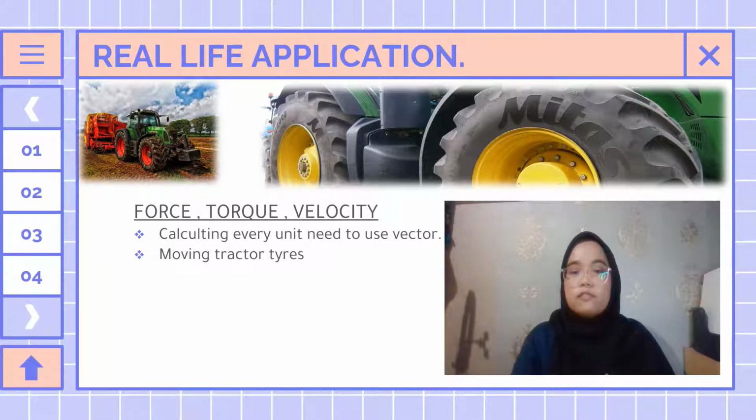For example, a moving tractor tire has a mass, and it also has an initial and final velocity, and also acceleration, and gravity reaction. To get the result, we can use the vector method to calculate this, such as force, torsion, and velocity.